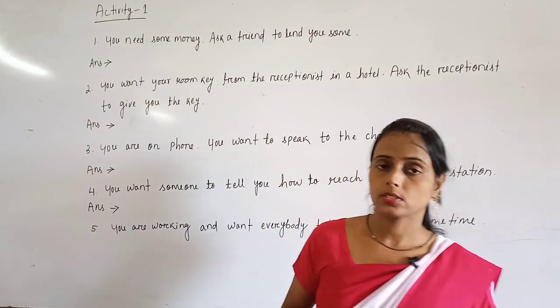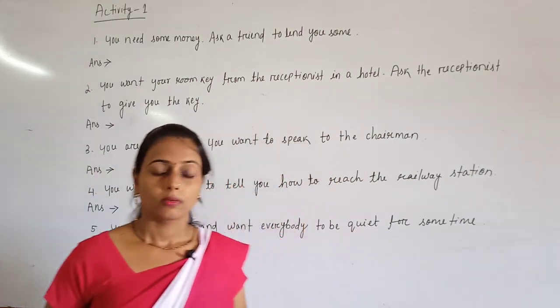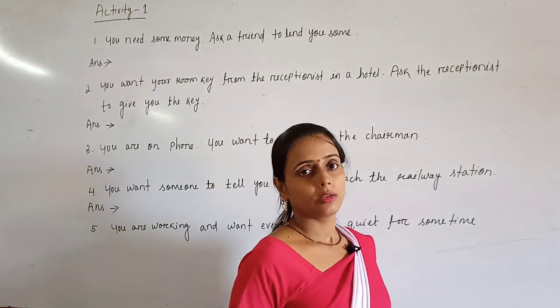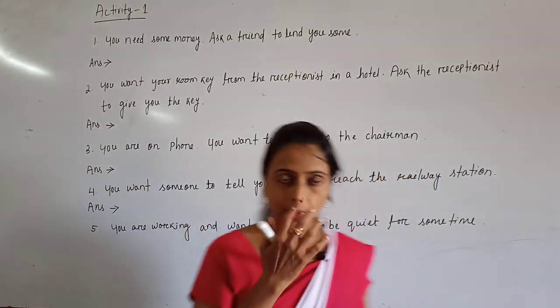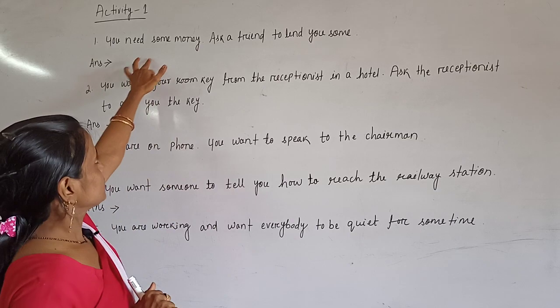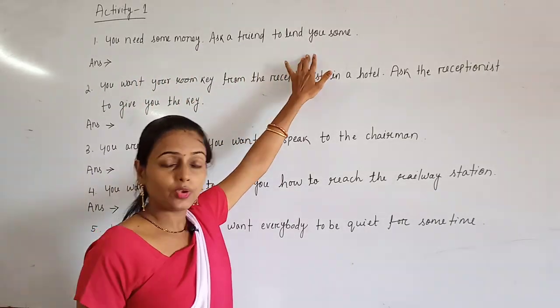And what are the models to use for request? As I told you, can, may, could, would you mind, will. These are the models used to make request. So, here think, what type of request is it? You need some money, ask a friend to lend you some. It means you are asking to your friend.